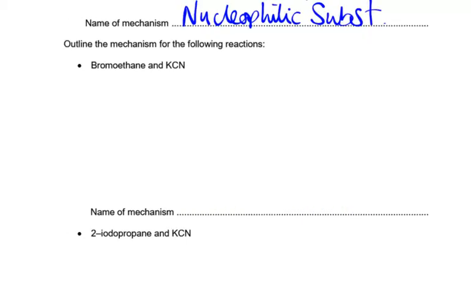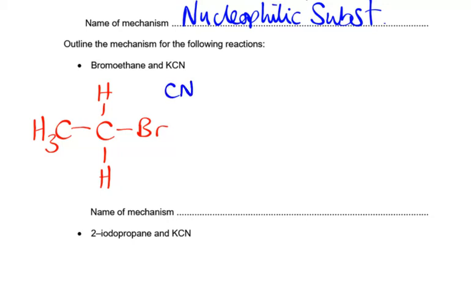Bromoethane this time. And in comes the cyanide ion. We'll just pop it there again. Attack the carbon, bromine gets kicked out.